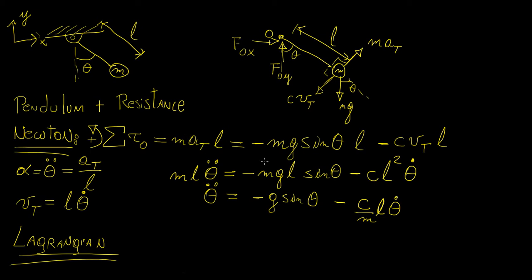And then we're going to have the following two forces. This is going to be a torque: we have this force times the distance. And then we have the air resistance, which is going to oppose the motion, so it's always going to point in the opposite direction to this, times L.